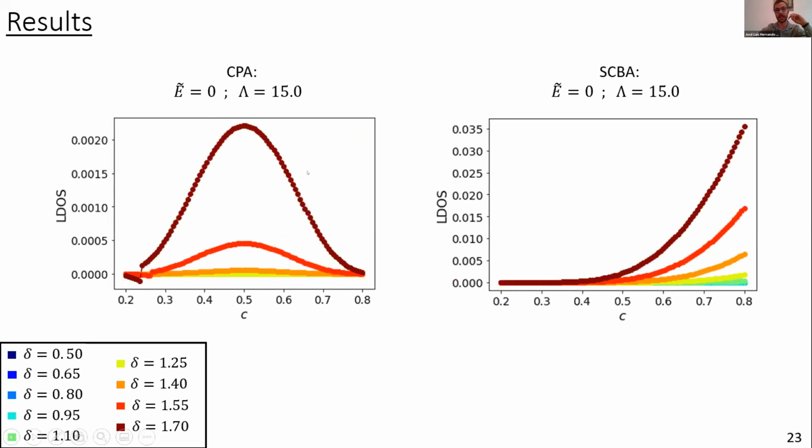We see in this case that both approximations predict a different behavior for those zero energy states. While the SCBA predicts continued growth, the CPA, due to this symmetry of changing the energy by minus the energy and the concentration by its complementary, is obliged to decrease on those zero energy states.